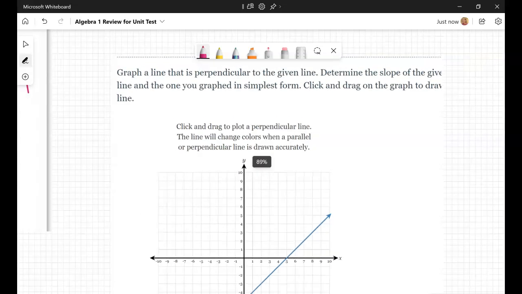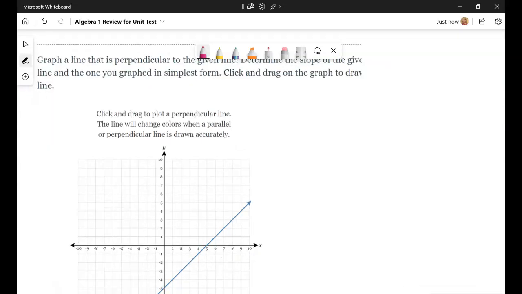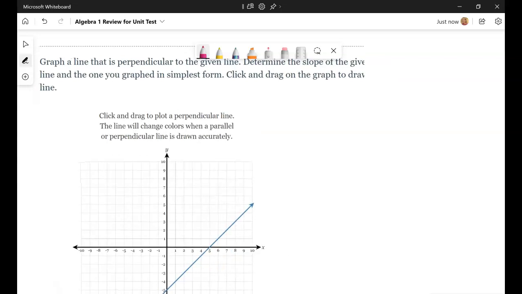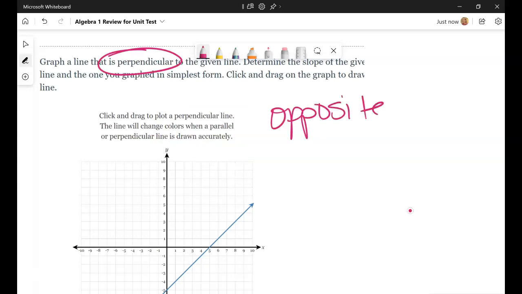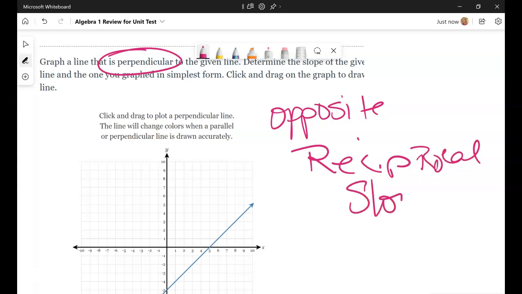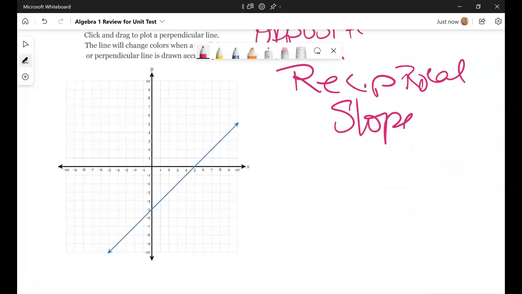Yes. The next thing it asks me to do is graph a line that is perpendicular to the given line. Now, perpendicular, what is that going to be? Opposite. What else? Reciprocal slope. So we got to figure out the slope of this line right here.